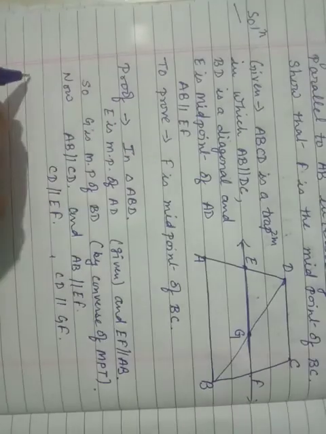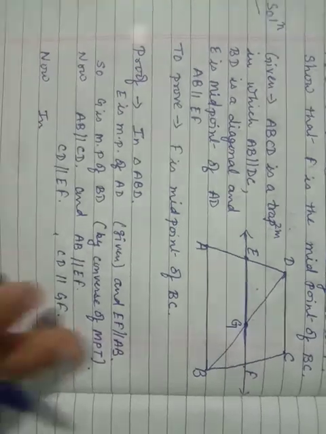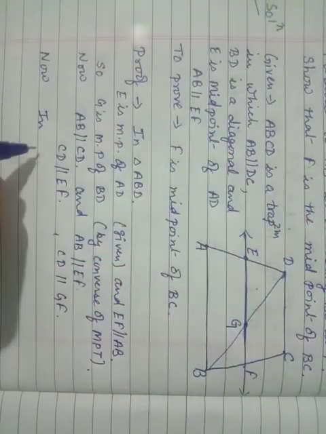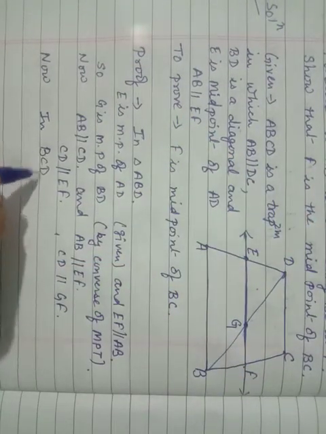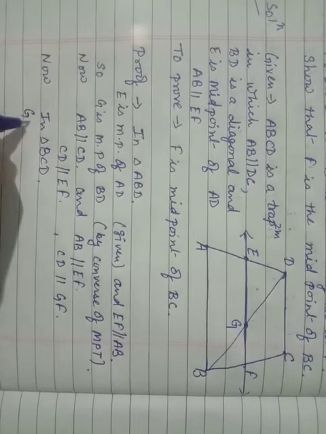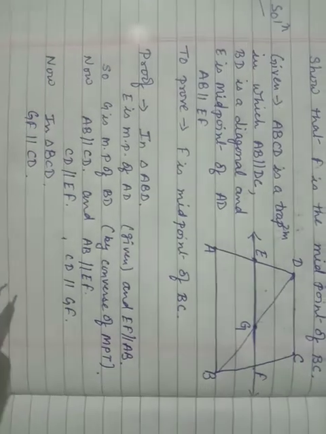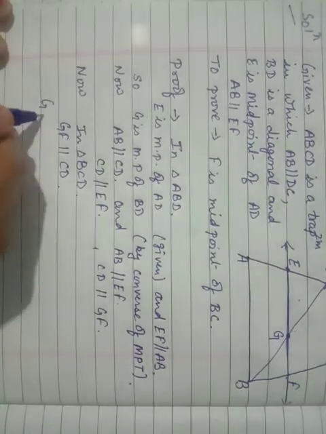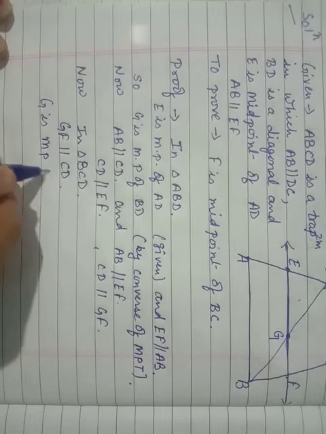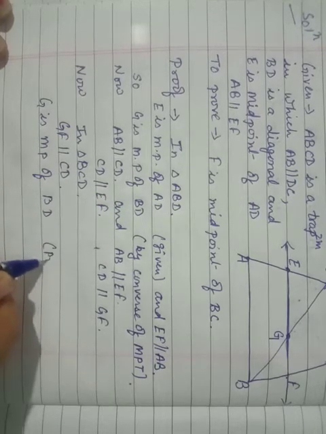Now which triangle do we consider? We consider triangle BCD. In triangle BCD, GF is parallel to CD. Okay, G is the midpoint of BD, proved above.